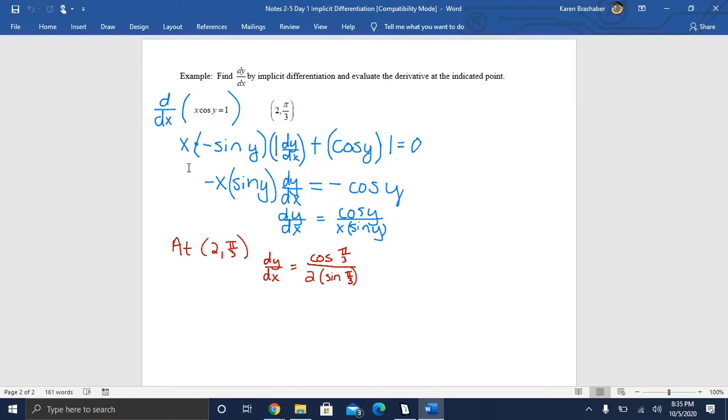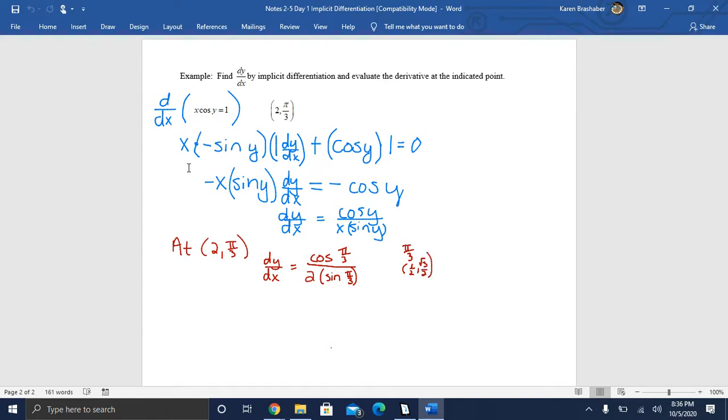Well, the cosine of pi over 3, if you think about that ordered pair, at pi over 3, your x is 1/2, and your y is the square root of 3 over 2. So at the angle pi over 3, your ordered pair is again 1/2 and square root 3 over 2.